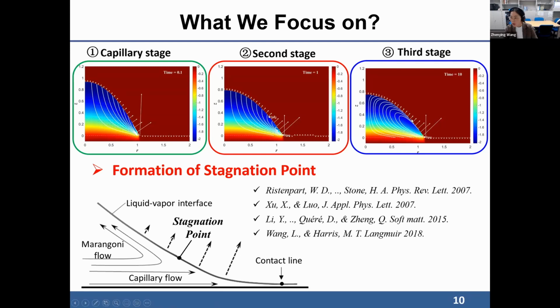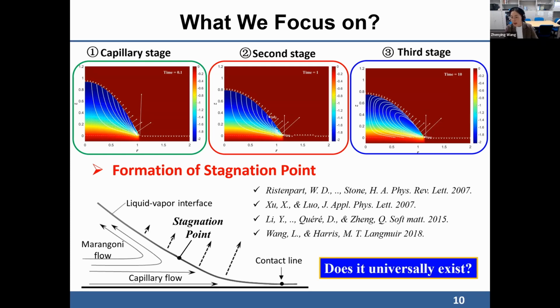When we look at the numerical result, we can see that there is a stagnation point that forms at the base of the droplet, near the three-phase contact line. So the question is, does this stagnation point that forms near the droplet contact line universally exist?